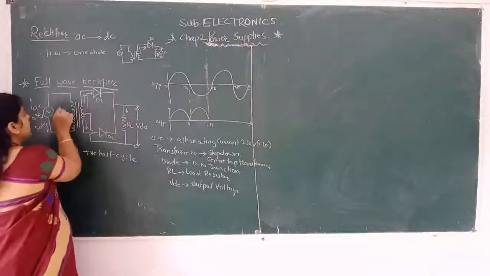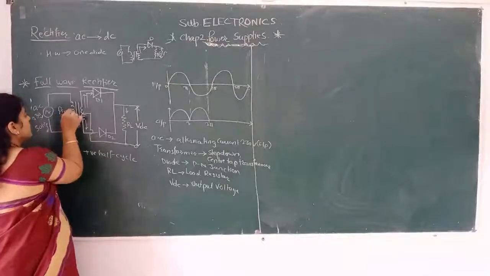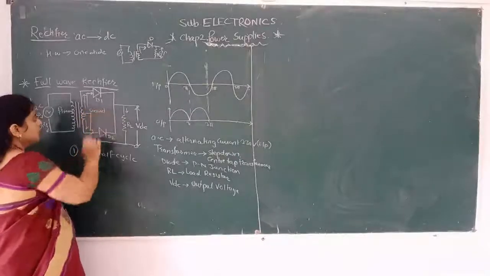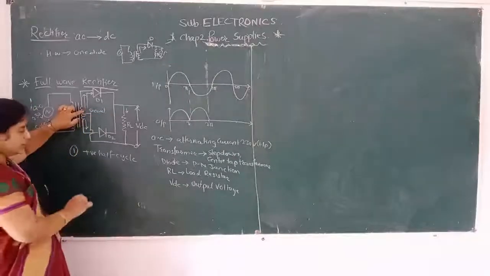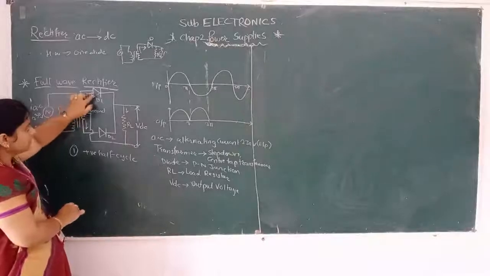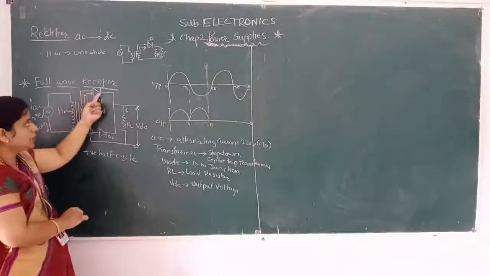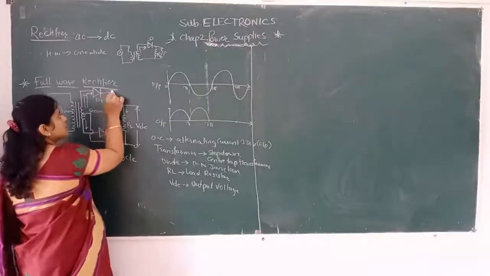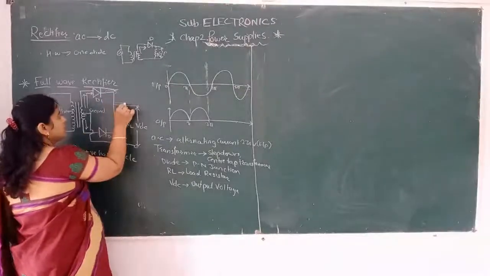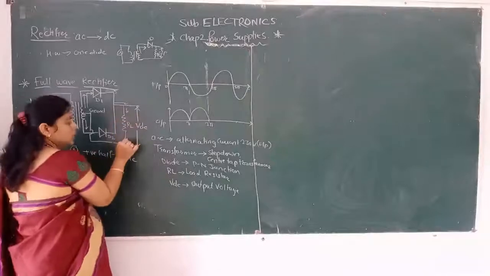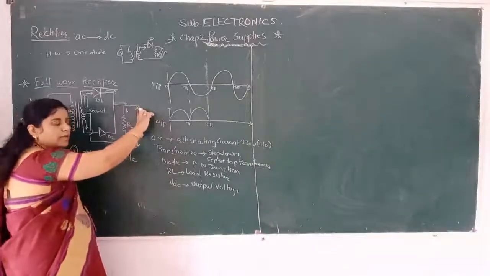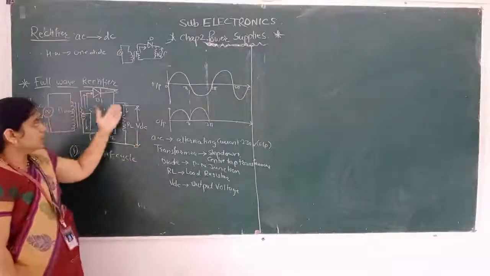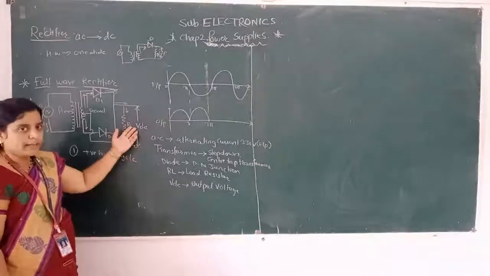These are the primary number of turns and these are the secondary number of turns. Current will flow in this direction through the diode D1, come here, flow through the load resistance, and we get the output across this load resistance.